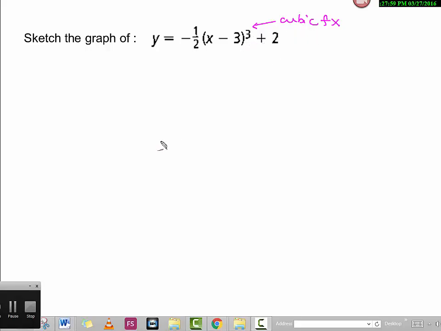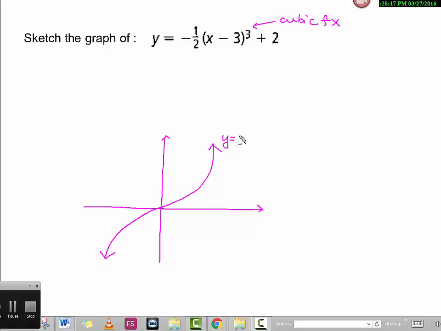And since it's a cubic function, you know the parent function is going to be like this. This is the parent function of a cubic polynomial, which is y equal to x cubed. The next thing I'm going to do is to line this up with the basic form of an absolute value function.